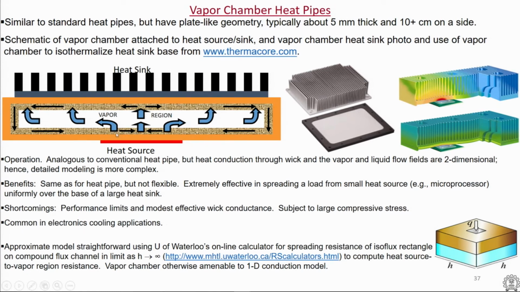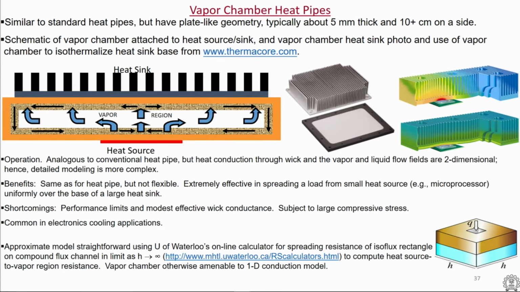A vapor chamber is very similar to a heat pipe, except that now the evaporator is placed close to the heat source and the condenser is placed on the top side of the heat source, and a wick is enabled to return the liquid back to the heat source. So, this is what is often called a vapor chamber, and so many commercial products of these are coming out in the market for cooling electronics.